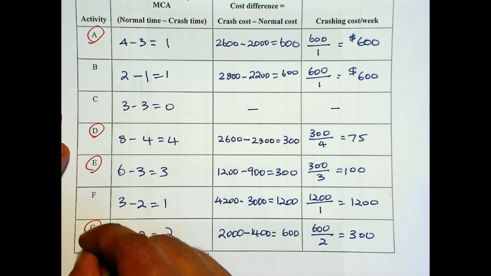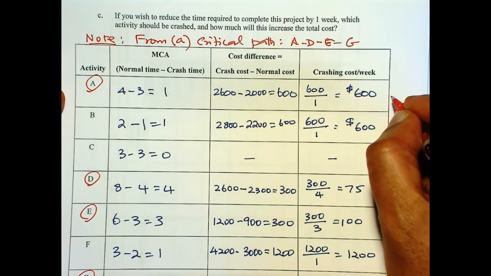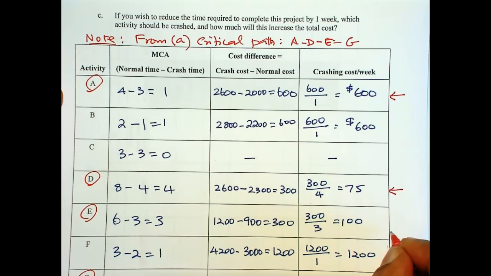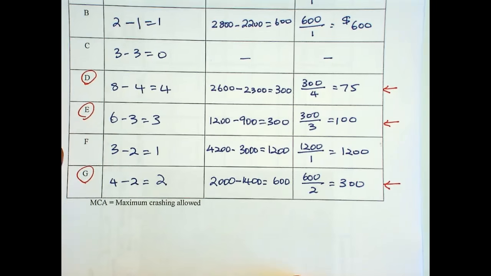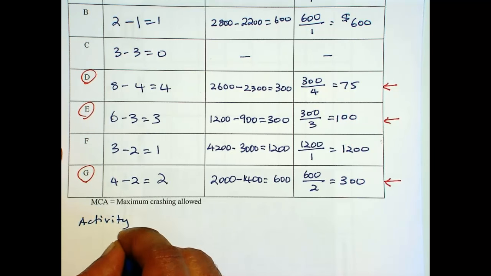And the activity to crash is a critical activity, so that's important. You have to look at only the critical activities.